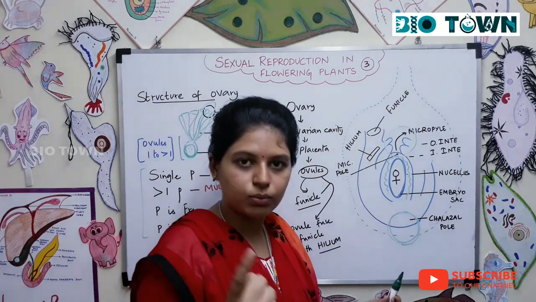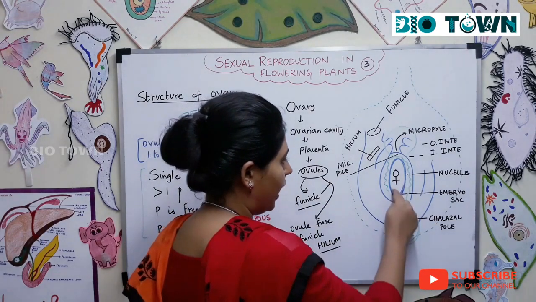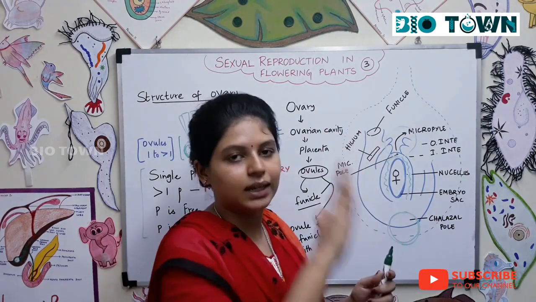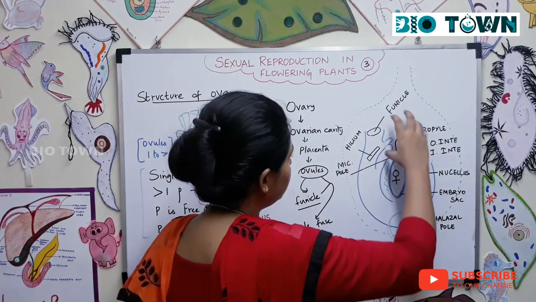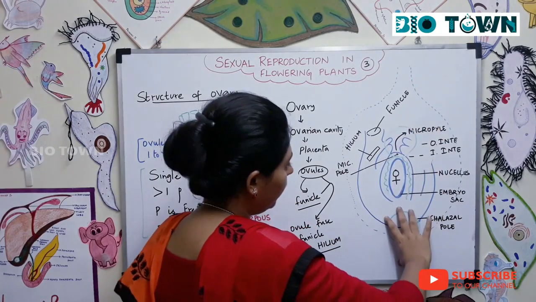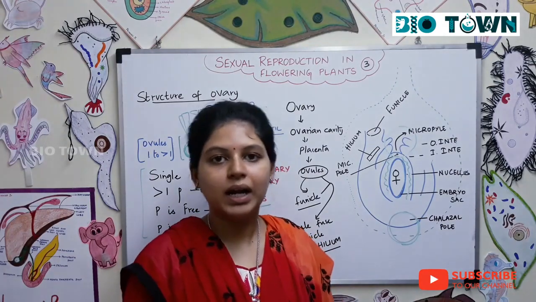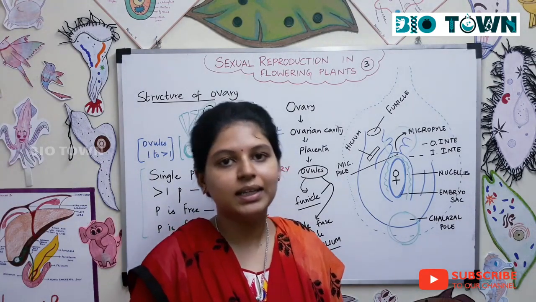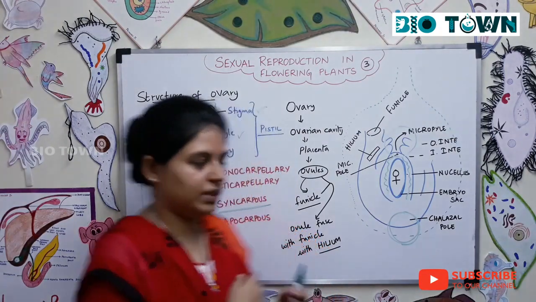It has an outer wall and inner wall supported by the nucellus, inside which you have the embryo sac, which is the female gametophyte, and then you have two poles, the micropylar pole and the chalazal pole. In the next class we'll talk about megasporogenesis. If you want to take a screenshot, you can.